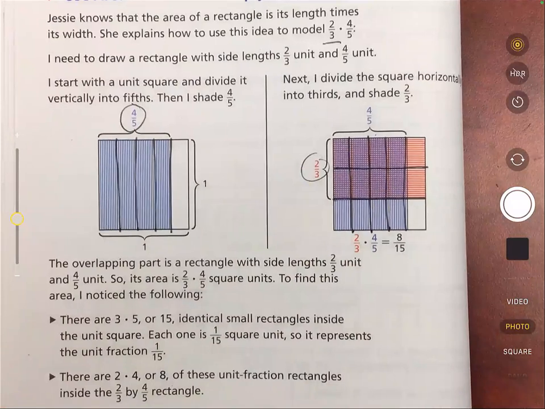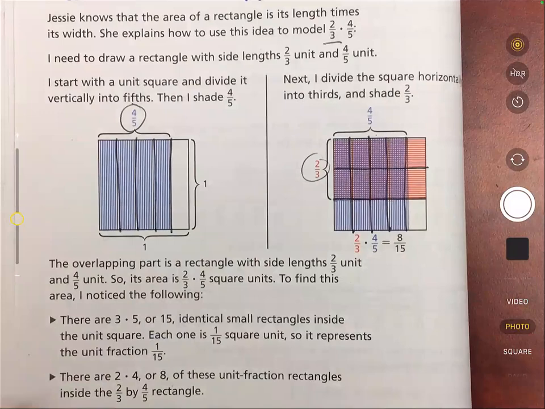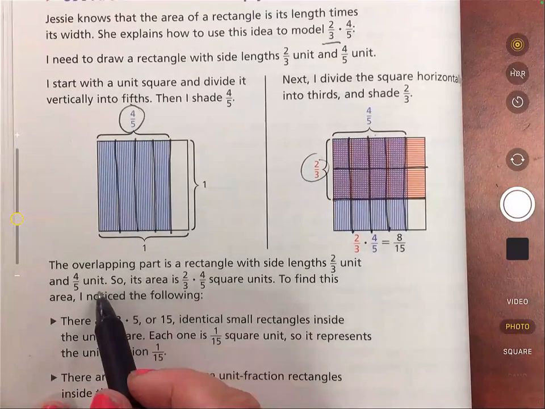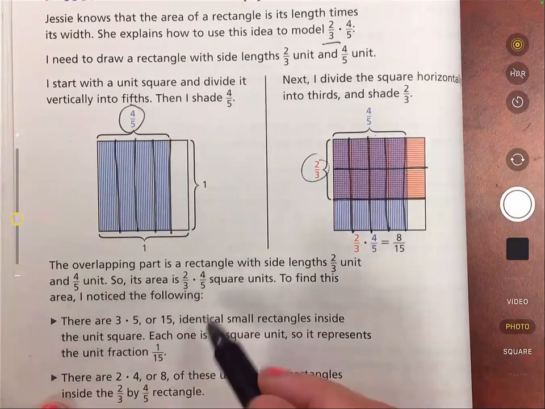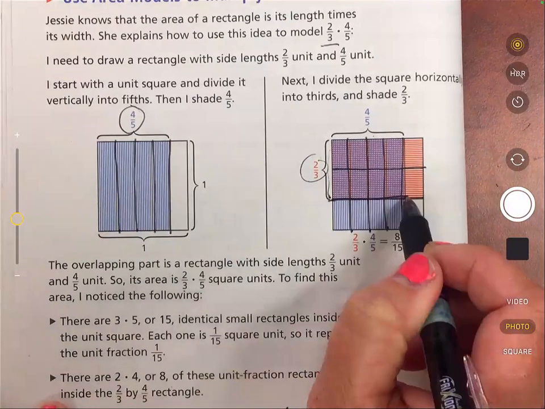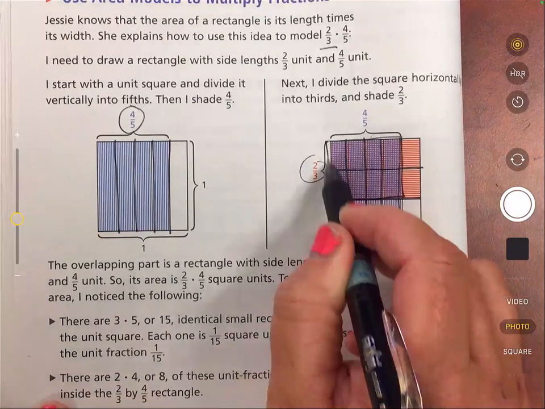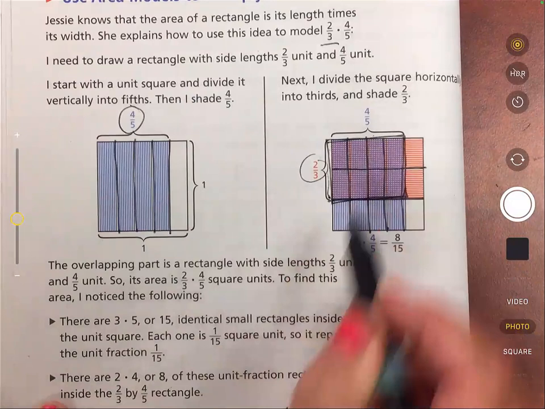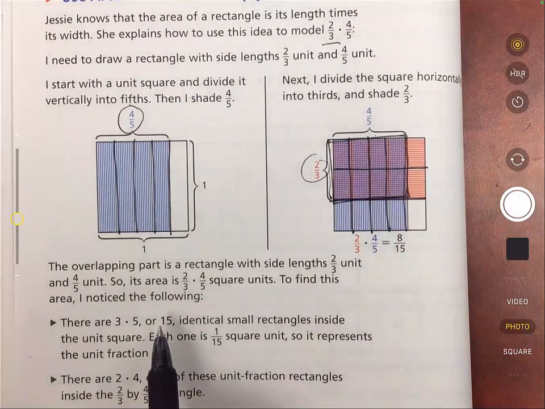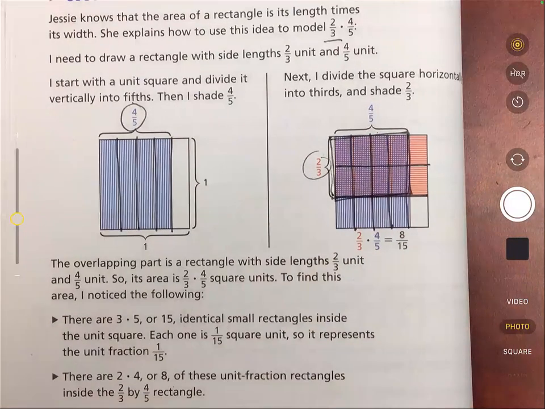So the overlapping part gives us a rectangle with side lengths of 2/3 and 4/5 unit. So its area is 2/3 times 4/5. That's this section right here. To find that area, Jesse noticed the following.